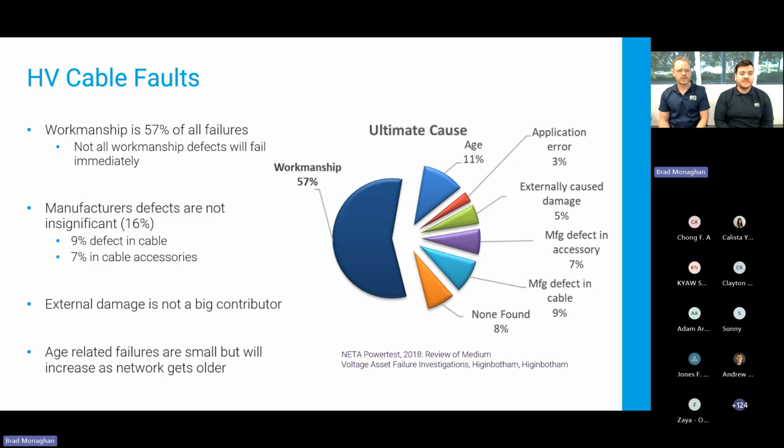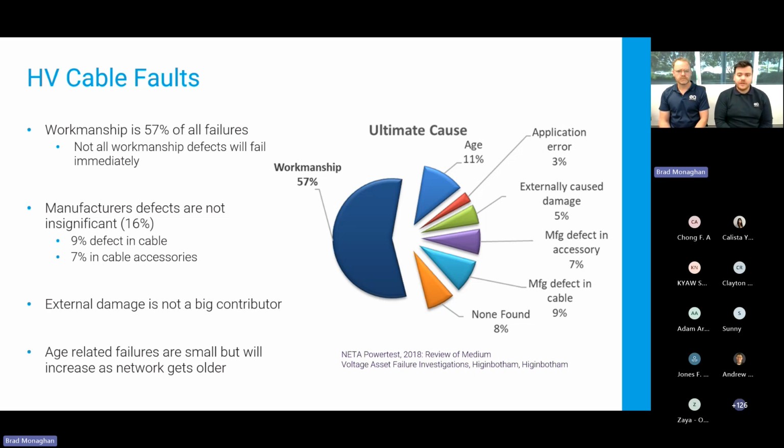They looked at a large sample of HV cable failures, and what they found was 57% of HV cable failures could be related back to workmanship as the root cause. And that is a huge population. Manufacturing defects weren't insignificant, they hit 16%. But one of the really important things to note is only 9% of those defects were in the cable run itself. The other 7% were in cable accessories such as terminations or joints.